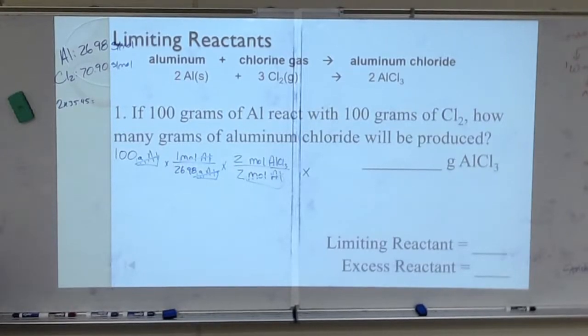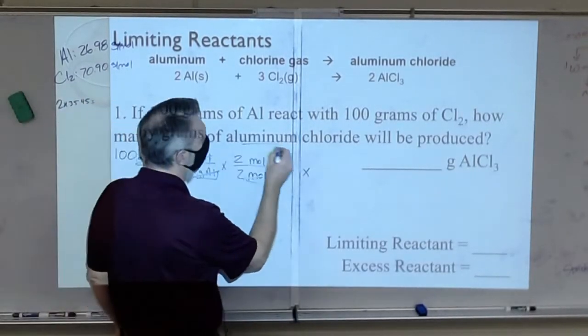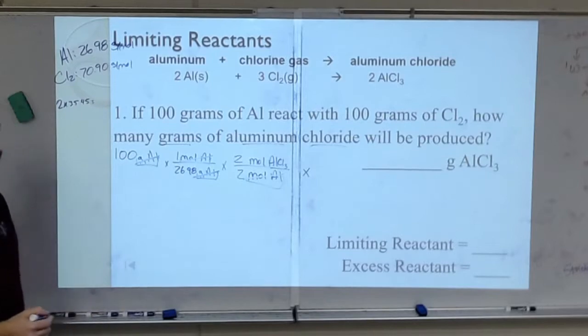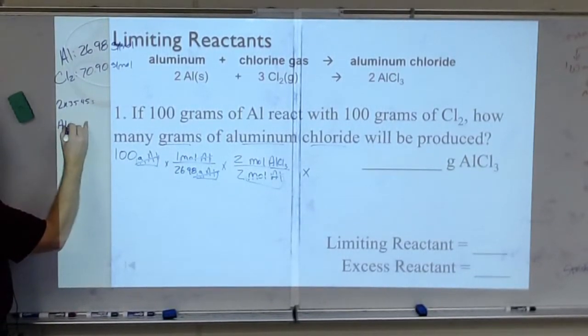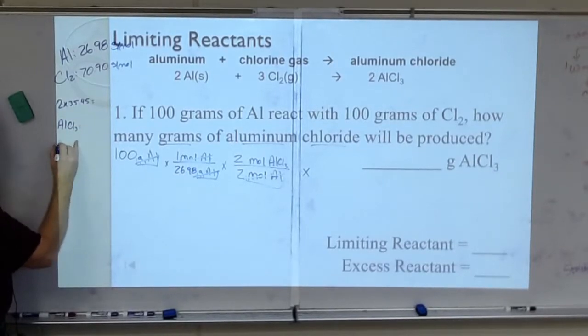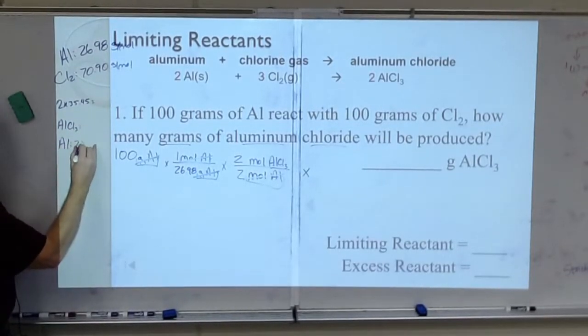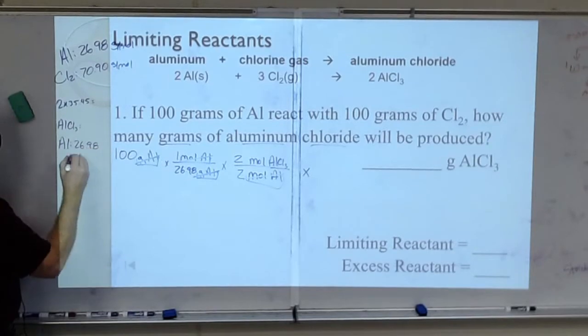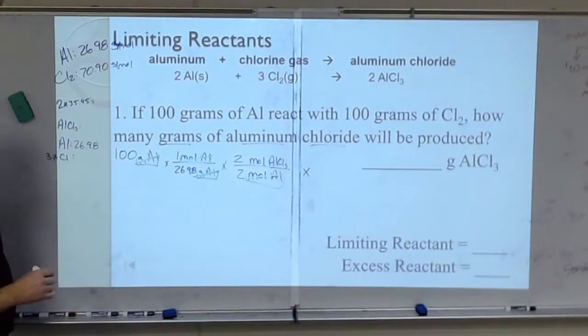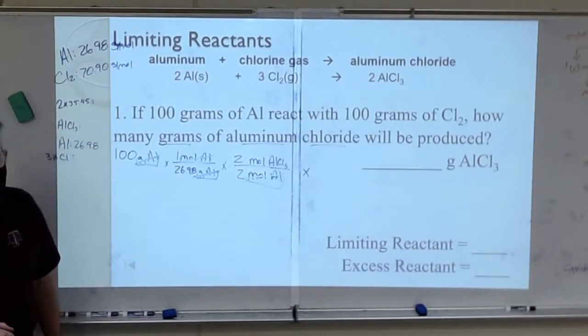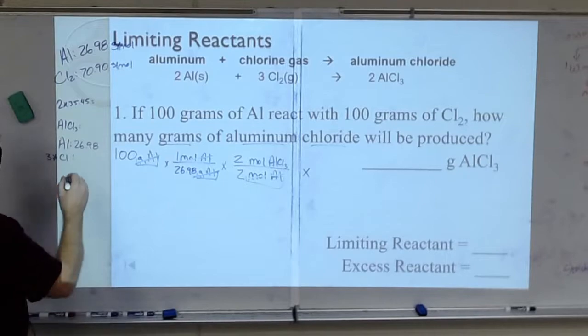Oh, guess what? I see another grams. We need to figure out the molar mass for aluminum chloride. So I've got aluminum, AlCl3. So aluminum is 26.98, right? And 3 times chlorine, what's that add up to? What's that multiply? 106.35.